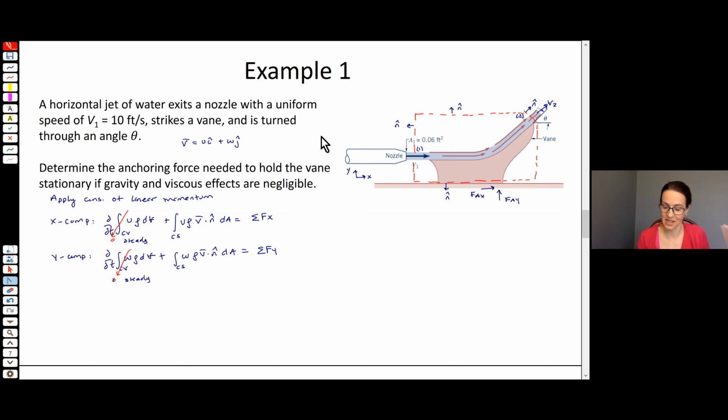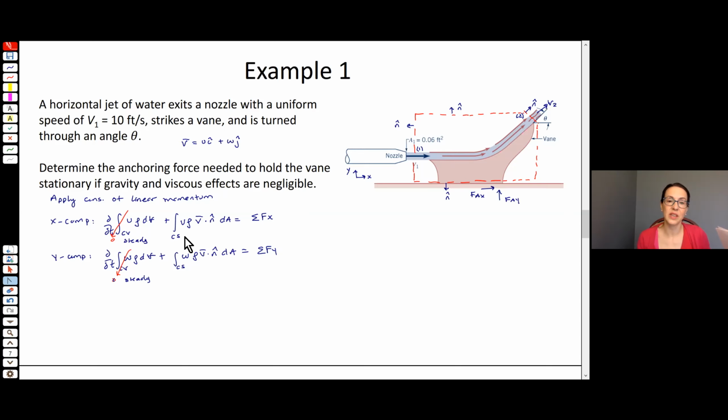So since that's the case, we don't have any pressure forces acting on our control volume. We might sometimes consider the weight of the fluid in the control volume, but again, we've been told to neglect the effects of gravity, so we're not including weight. We've also been told that viscous effects are negligible, so there are no friction forces, right? So the only forces we have are these two anchoring forces, and that's going to come into the right-hand side.